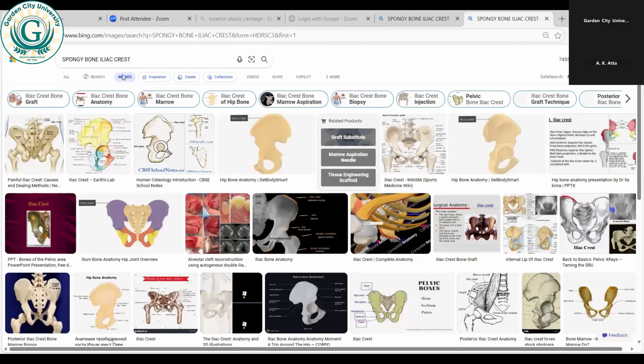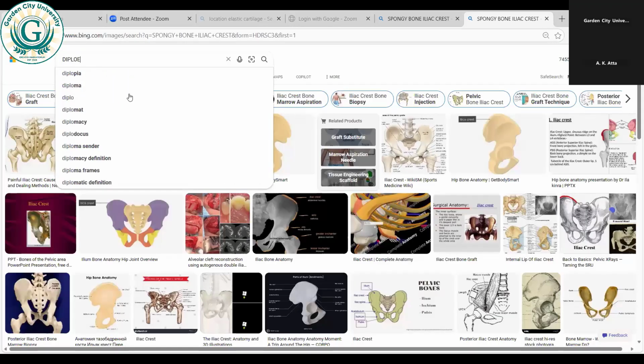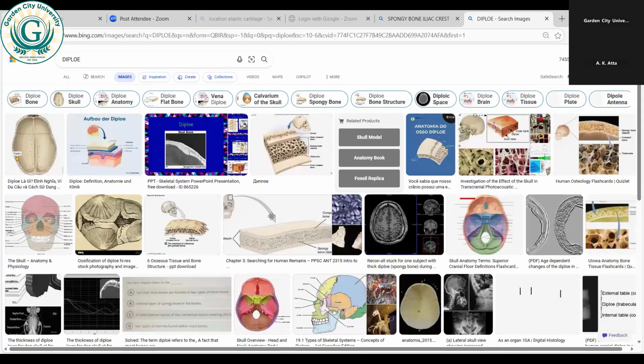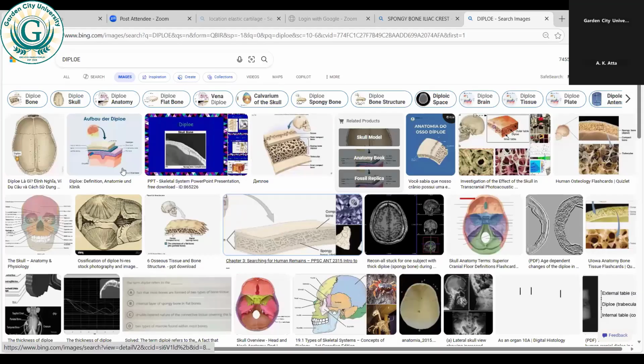Now, I'm just trying to say that you have a lot of... I'm not getting any diagram, but you see this one here. If you look at this one, this is the scan.